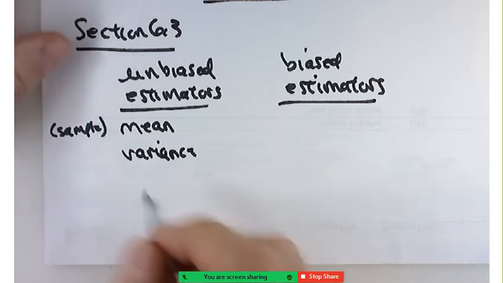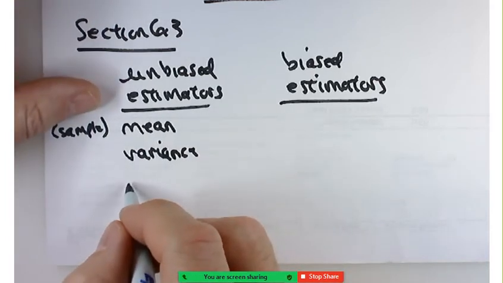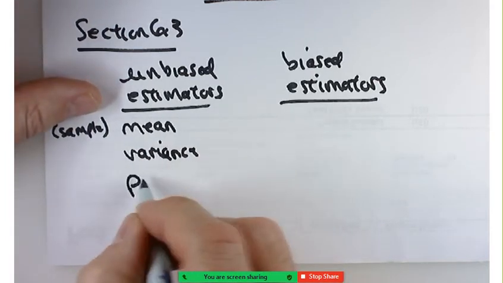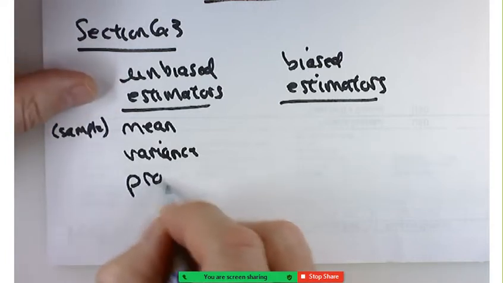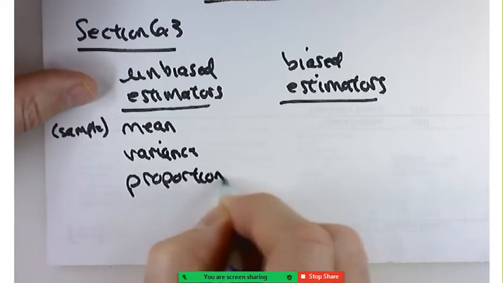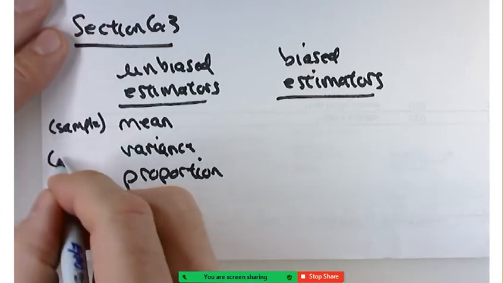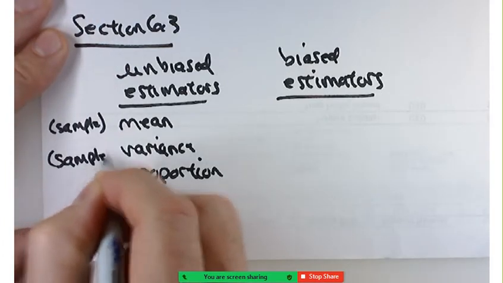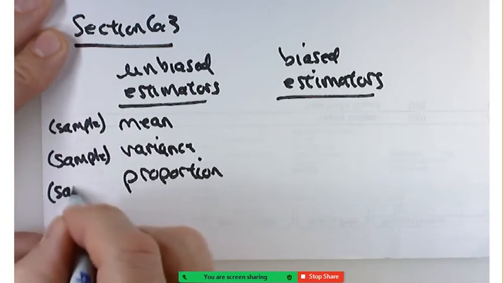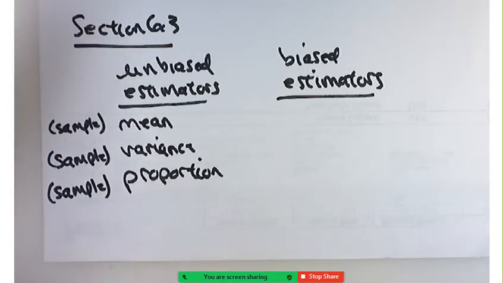And there was one more unbiased estimator that we're concerning ourselves with, and that'd be the sample proportion. On average, when you use the sample proportion, it's an unbiased estimate of the population proportion.